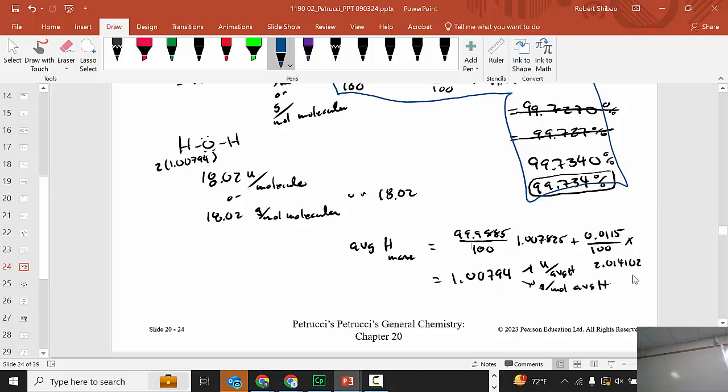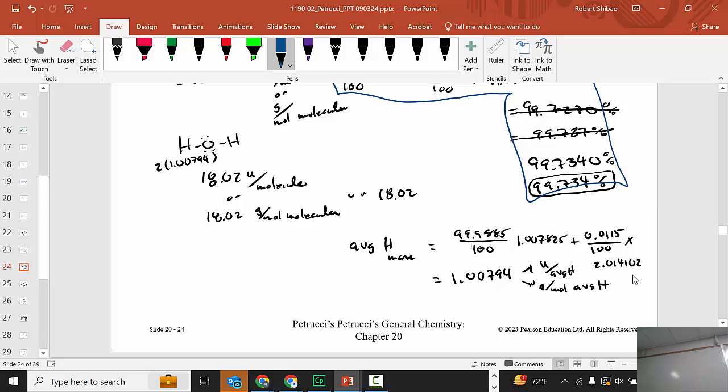And this numerical equivalence of these two units is due to the way the mole is defined. What was the definition that made these numerically equivalent? The definition of the mole.